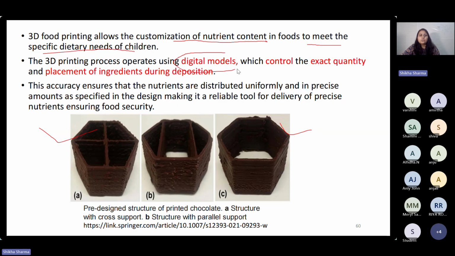It operates using digital designs, which control the exact quantity and placement of the ingredients during deposition. This ensures that the nutrients are distributed uniformly and in the precise amount specified in the design, making it a reliable tool for delivery of precise nutrients, ensuring food security.